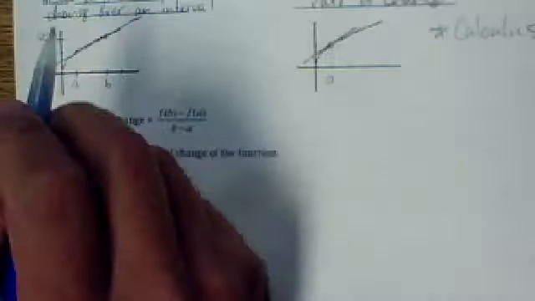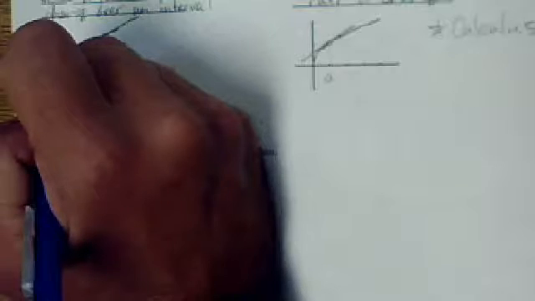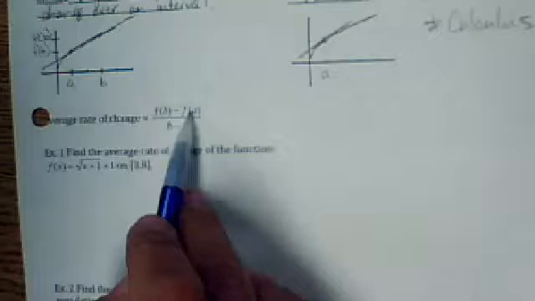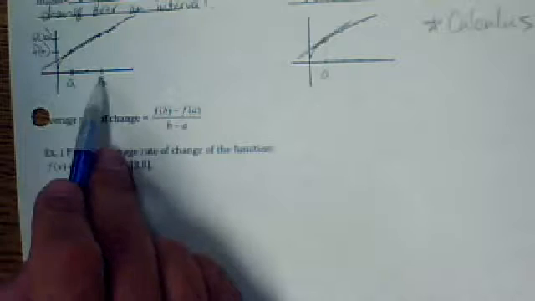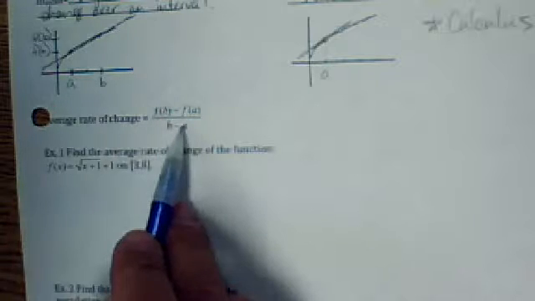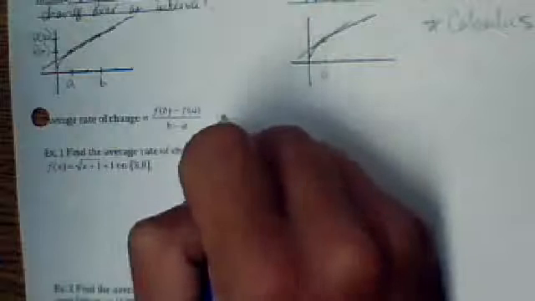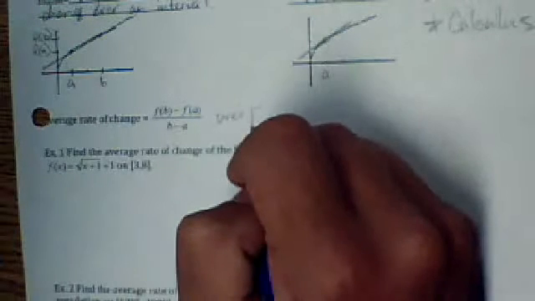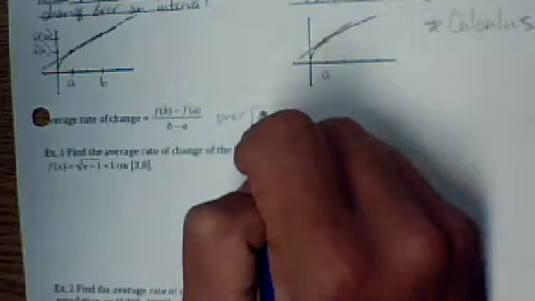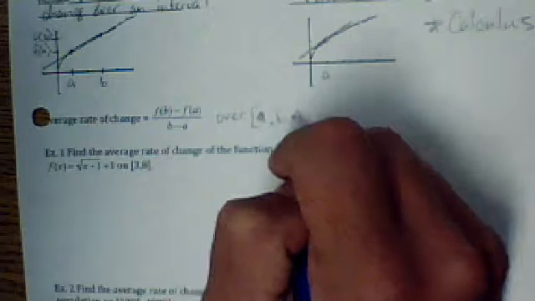There's f of b, minus f of a. So there's the difference in the rise, the y minus y, over the difference in x's, x minus x. Okay? And this is over the interval AB.